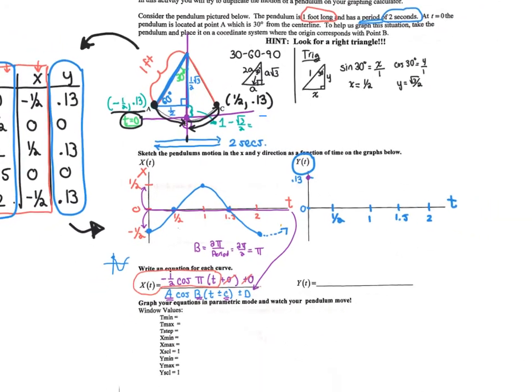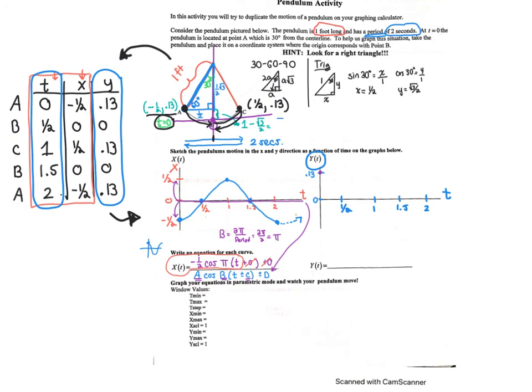Then, sorry, kind of zoom out here for a minute. Then at 1/2, we were at 0. At 1, we were back up at 0.13 again. At 1.5, we were back at 0. And at 2, we were back up at 0.13 again. So it appears that our graph is kind of doing one of these.